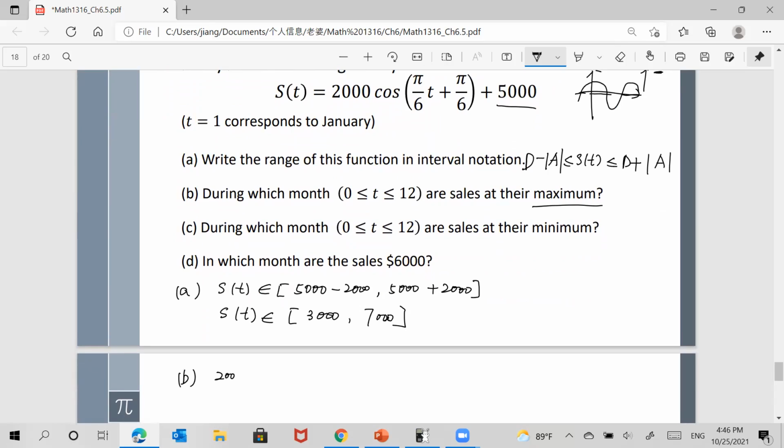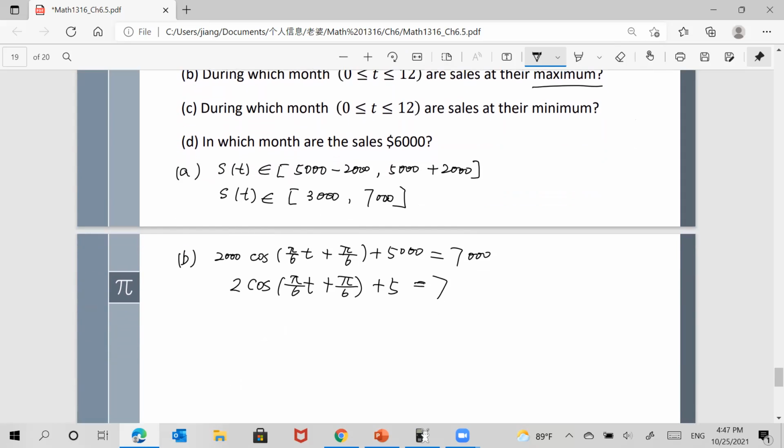So 2,000 cosine of pi over 6 t plus pi over 6, plus 5,000 equals 7,000. I'd like to divide all of the right-hand side and left-hand side by 1,000. I can simplify this: 2 times cosine of pi over 6 t plus pi over 6, plus 5 equals 7.